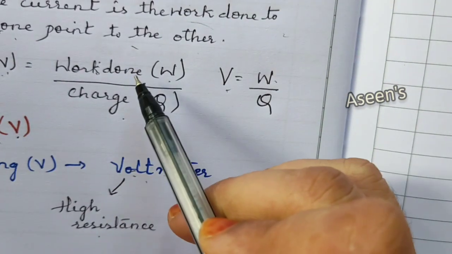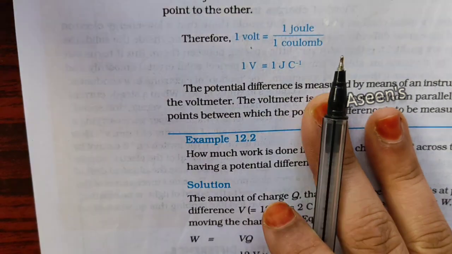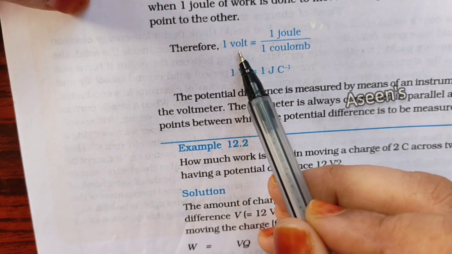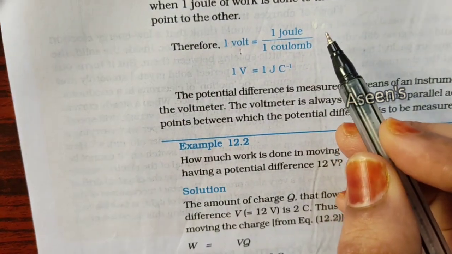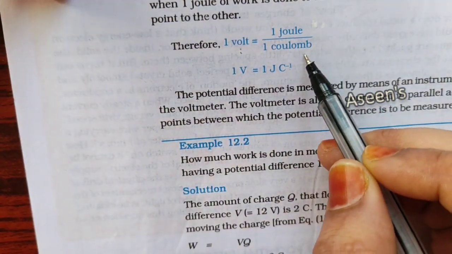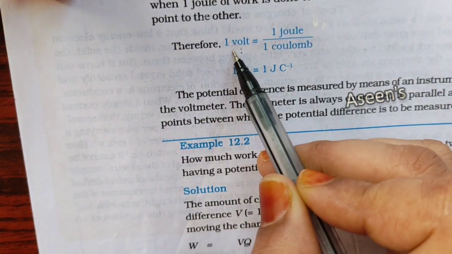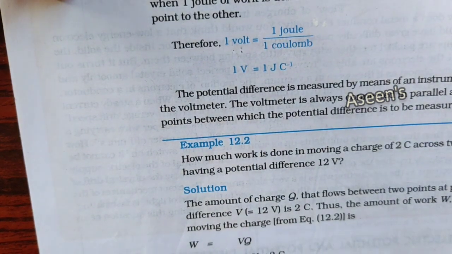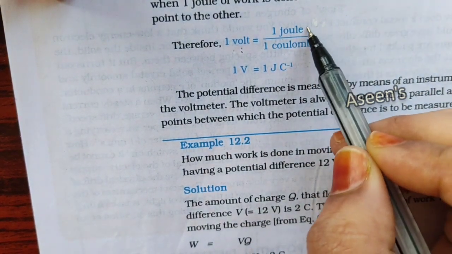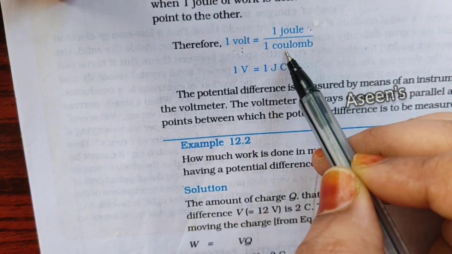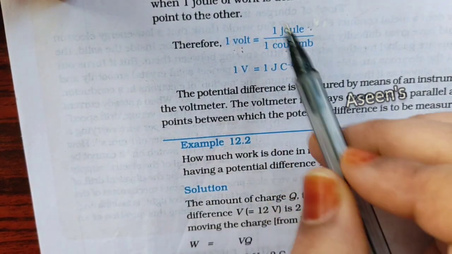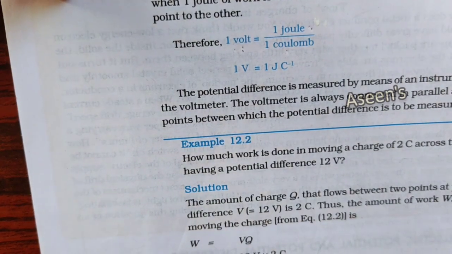So I'll put the SI units in this place. Potential difference is volt, work done is joule, and charge is coulomb. Now 1 volt of potential difference is equal to 1 joule of work done per coulomb. This is how you can define your volt.